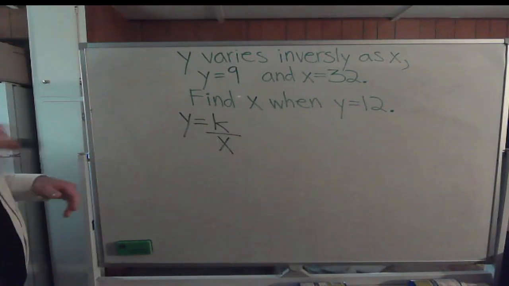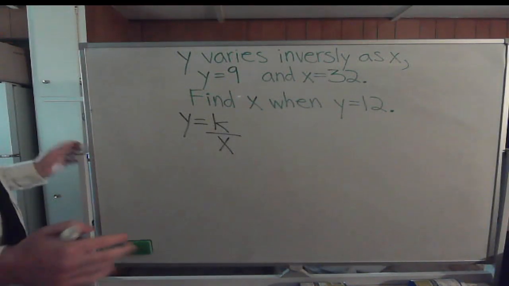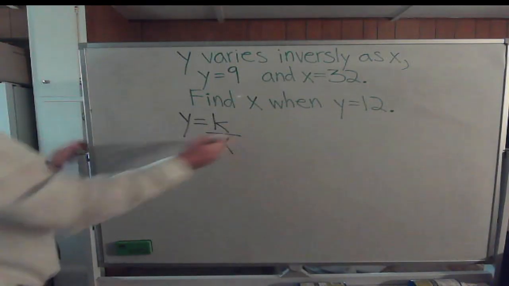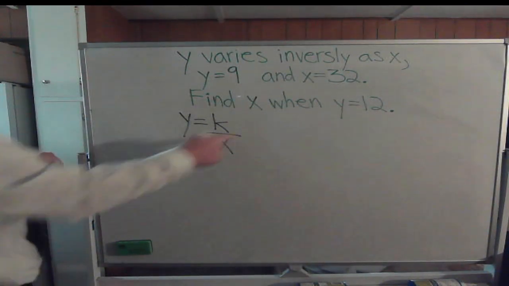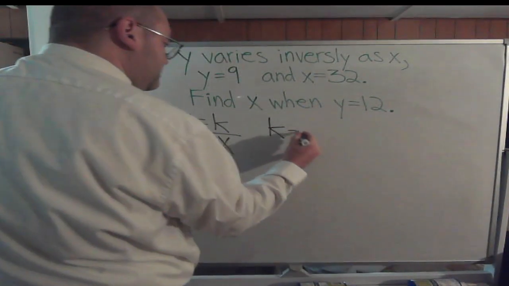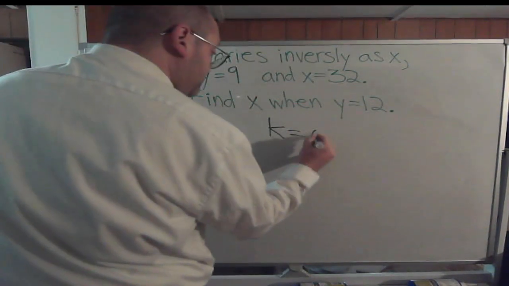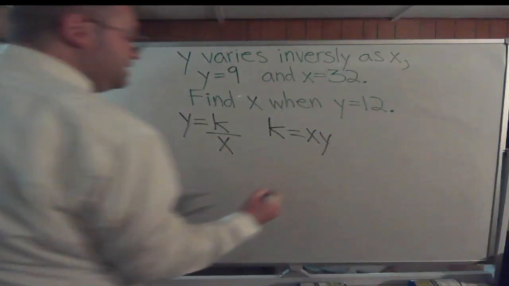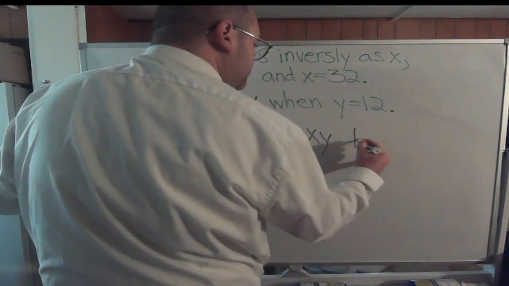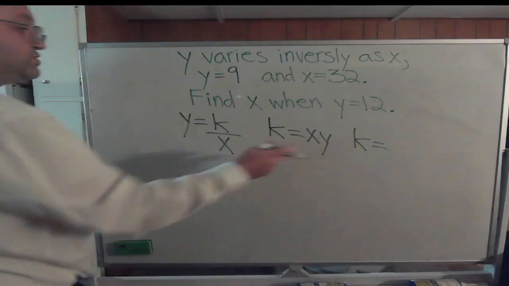Now, first thing we want to do, once again, is find that constant of variation, so you've got to multiply both sides by x. You multiply the right side by x, you just get k. Multiply the left side by x, you'll get xy. So k equals xy. Now in order to find that constant of variation, all you do is plug in the two values of x times y.